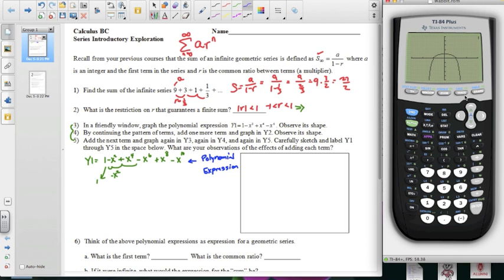Then we can see it, that's the y1, the y2, so we can start to see there's the y3, and here's the y4.